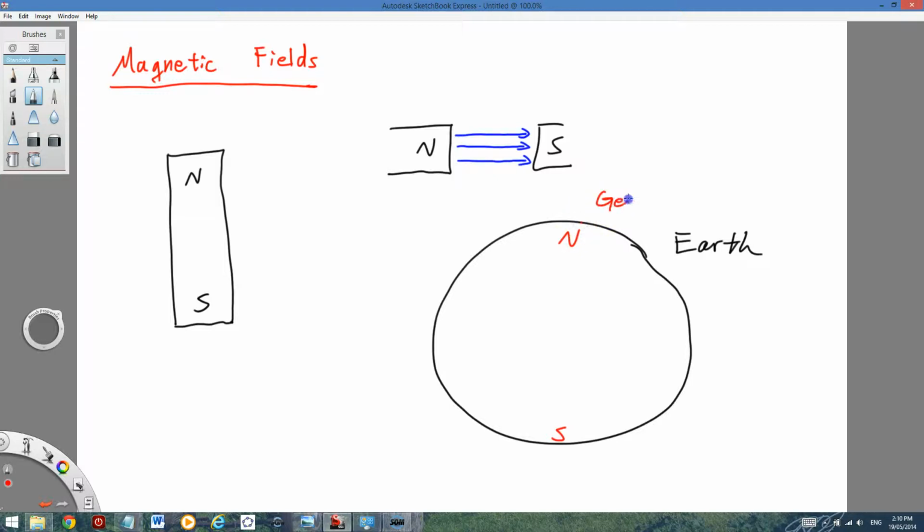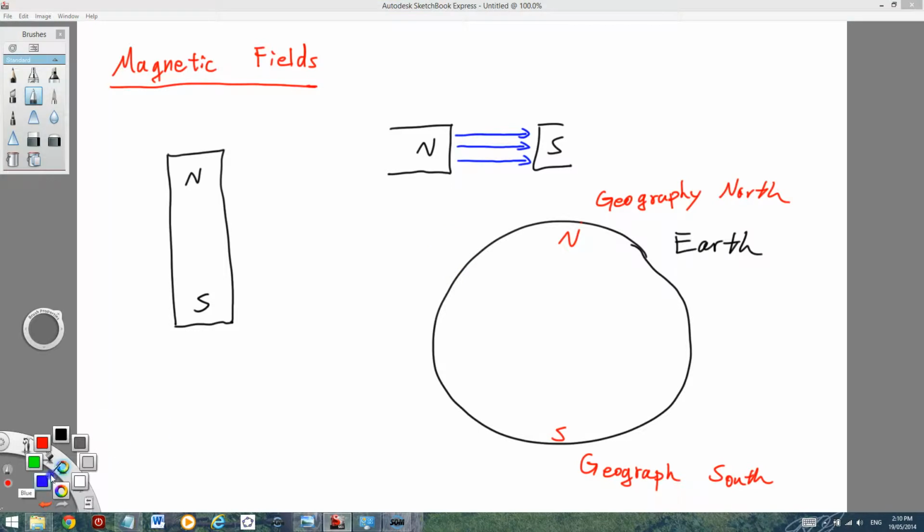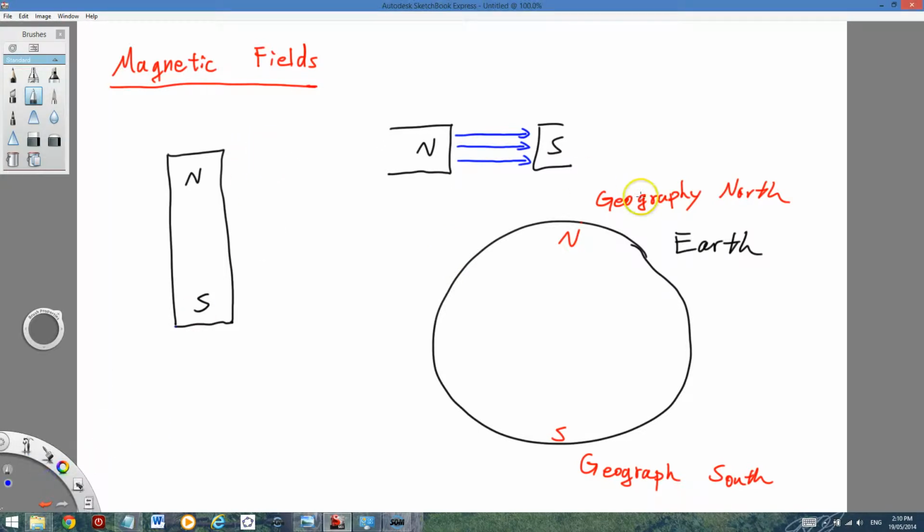So just remember, we call that the geography north and south. This is the geography south. What's happened in the ancient days when the ancient people found a magnet, they used it.